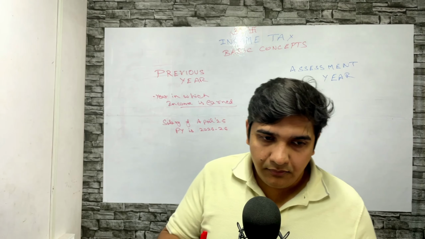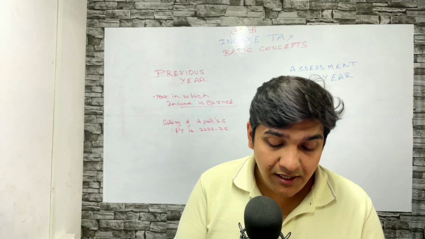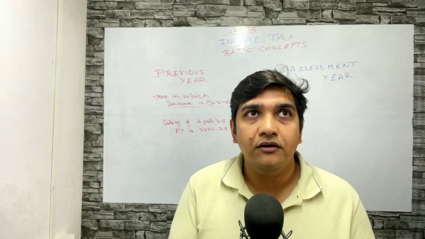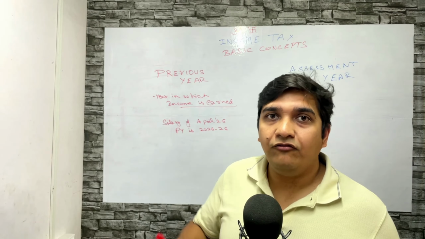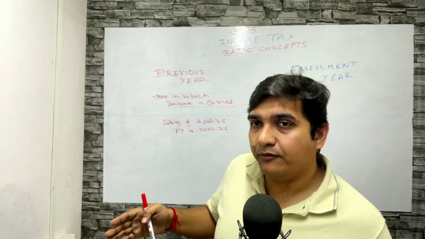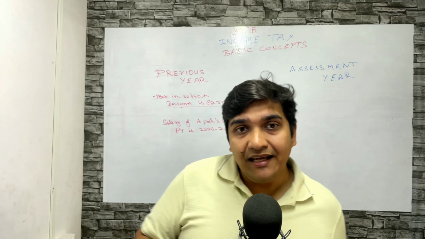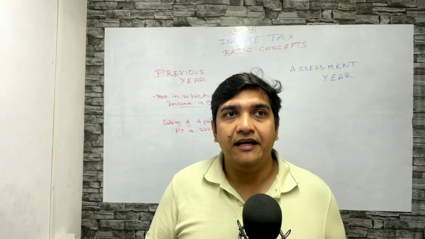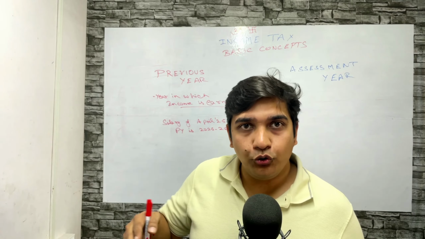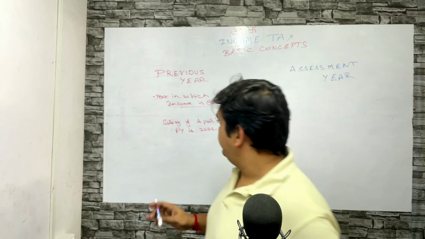So this can only be understood with the help of an example, unfortunately. Any income, let's say you earn from April 25 to March 26, that would fall under previous year 2025-26. Any income which you would have earned in the financial year 24 to 25, the previous year would be 24-25, right?